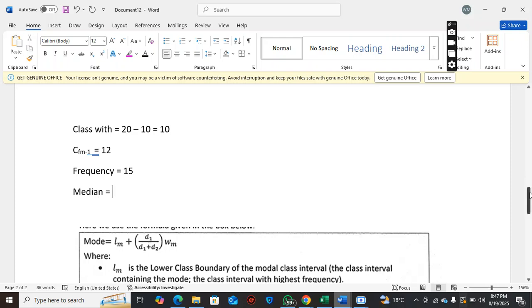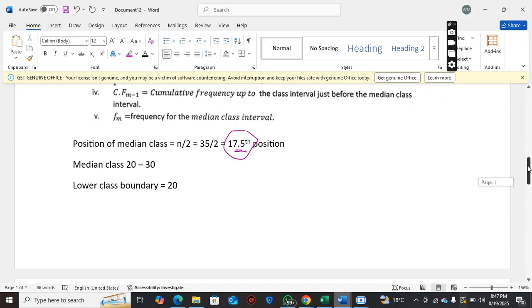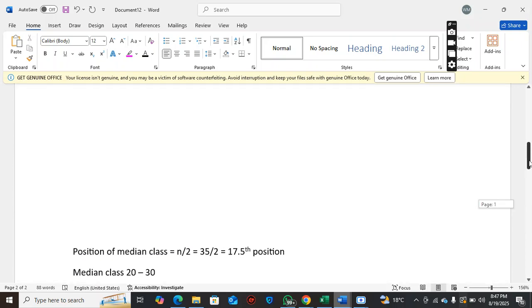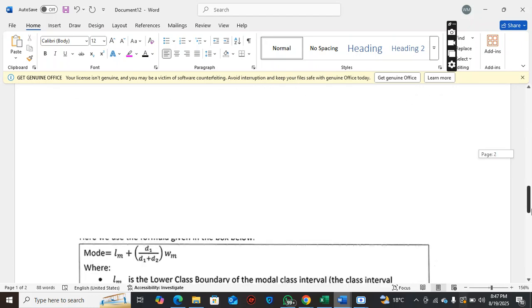So the lower limit of our median class is 20. So say 20 plus the class width, which is 10, so you put a fraction here.